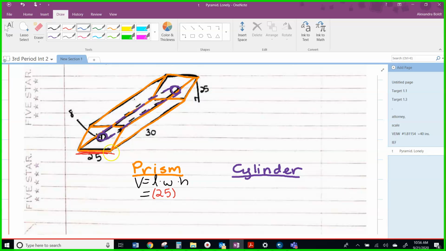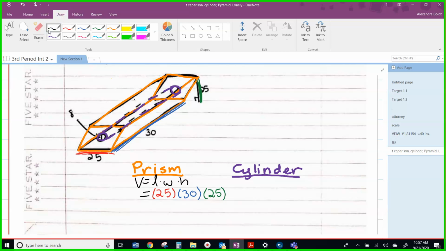Our width will come from here. That's 30. And our height is going to be this up and down portion. Okay, and that's 25.